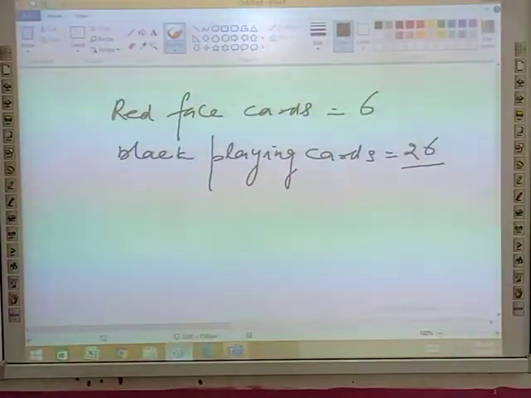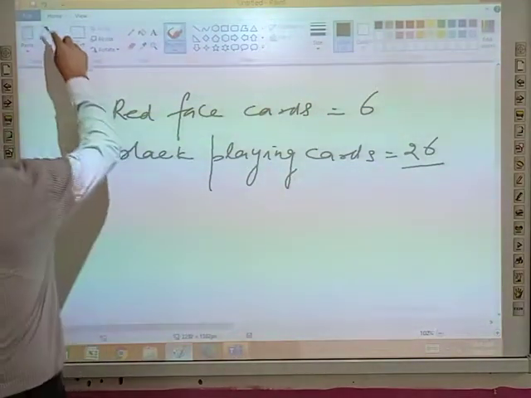Exercise 15.1. Which question? Question number 15. Question 14 is clear or not?